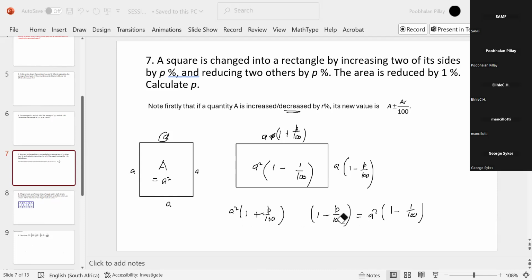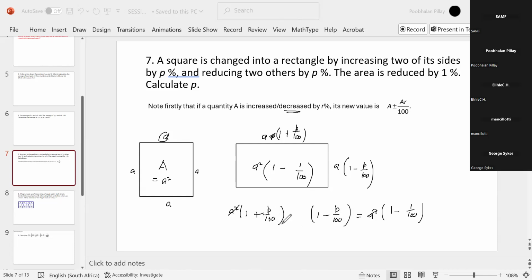So you've got A squared times this is equal to A squared times that. The A squared cancels happily, or you can divide on both sides by A squared, right? And then you have 1 plus P over 100 times 1 minus P over 100 is 1 minus 1 over 100. Now, you've got an interesting object here.